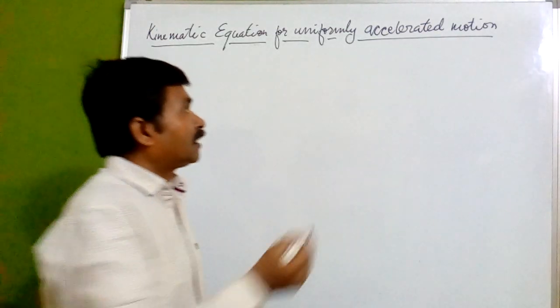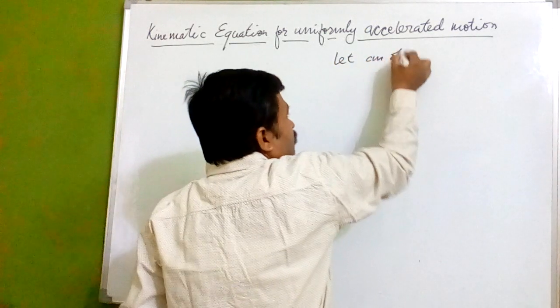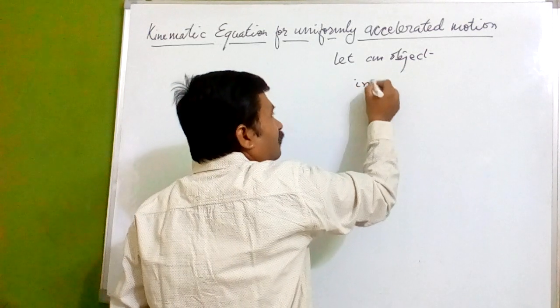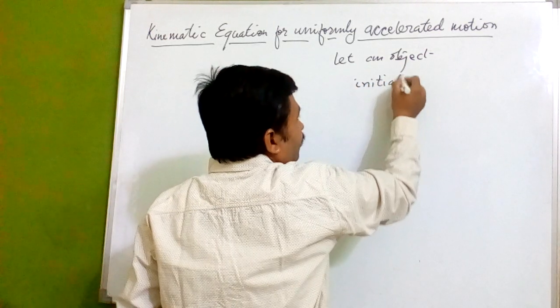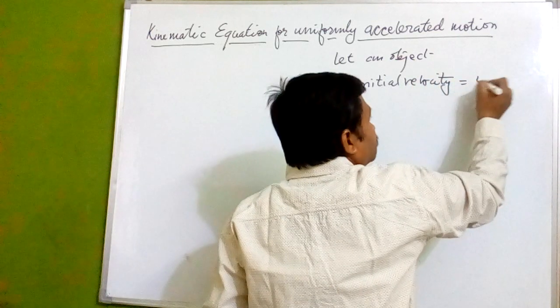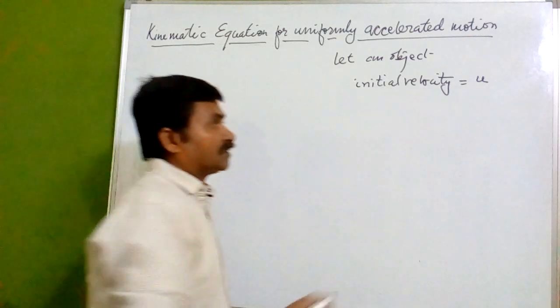Now we will assume that an object is moving with some velocity that we are calling the initial velocity, which we are taking as u. It is moving with some initial velocity.